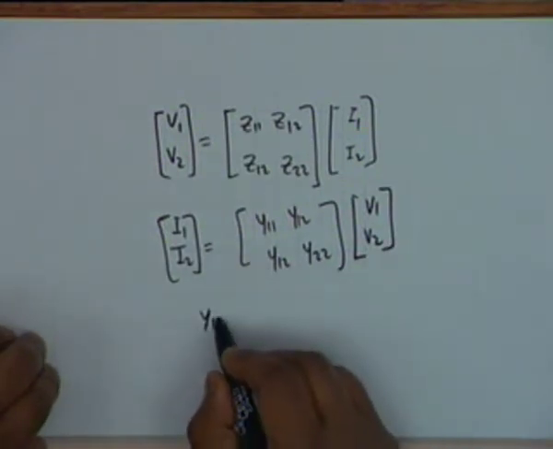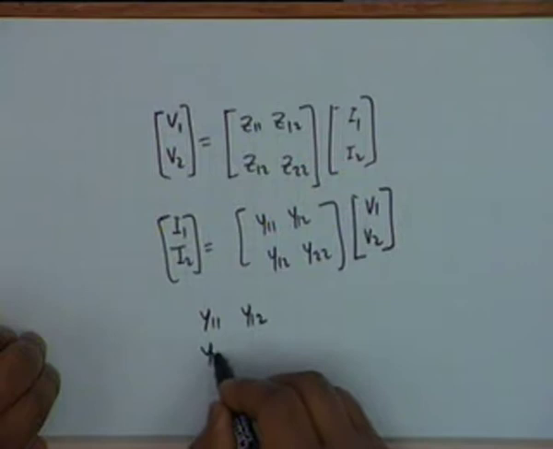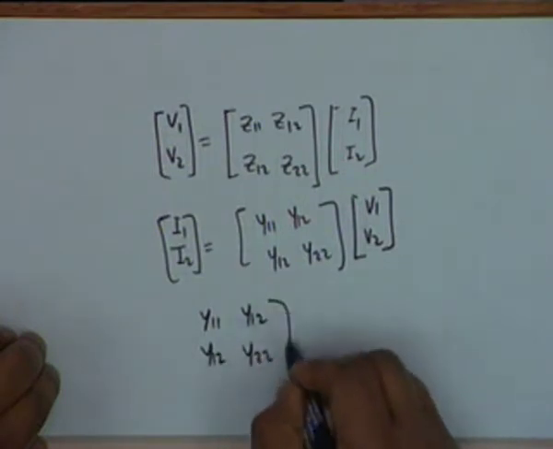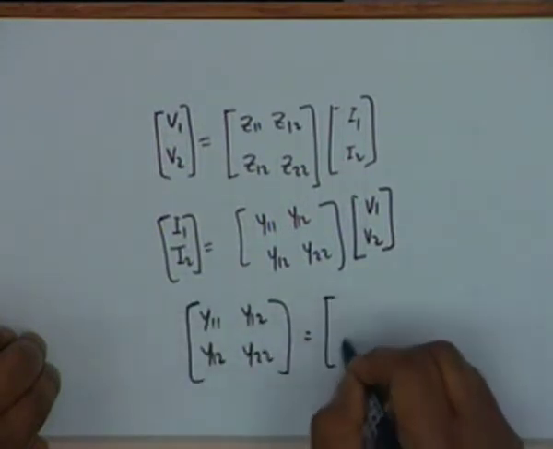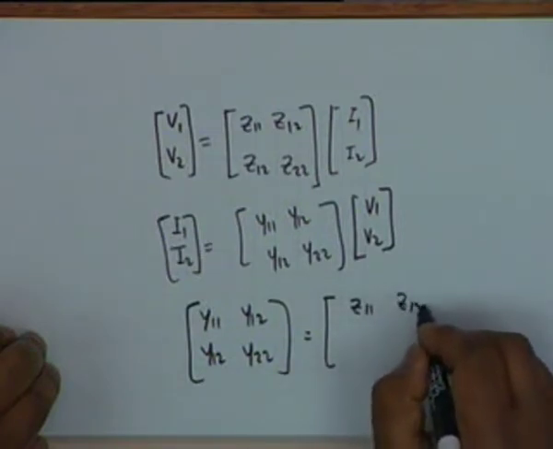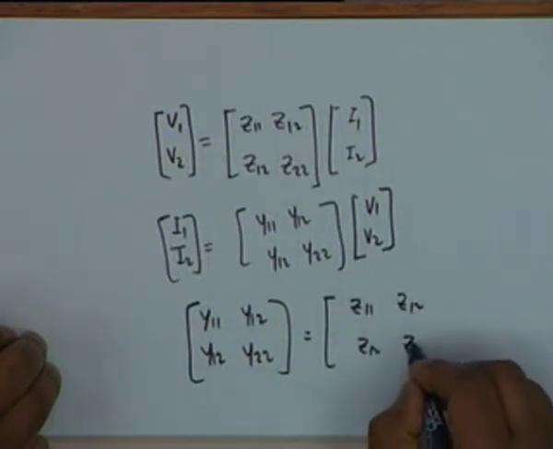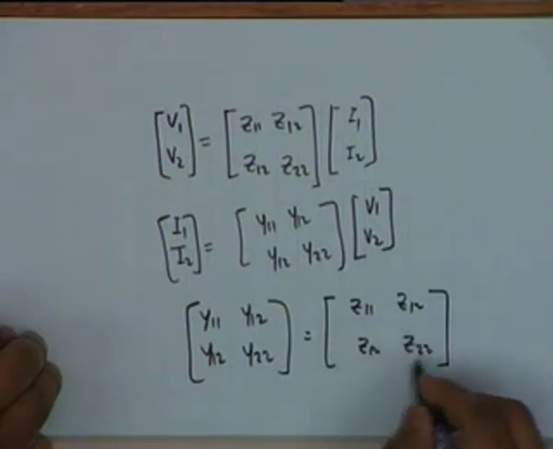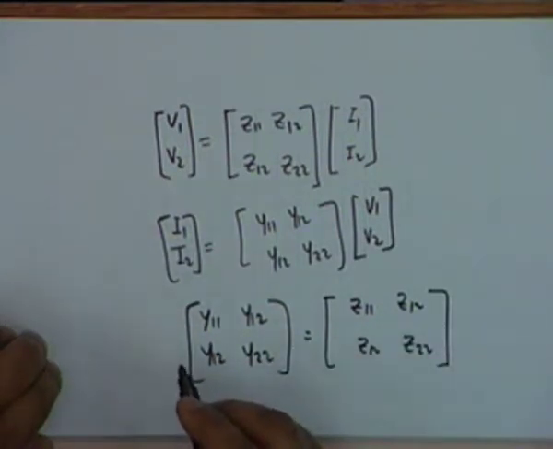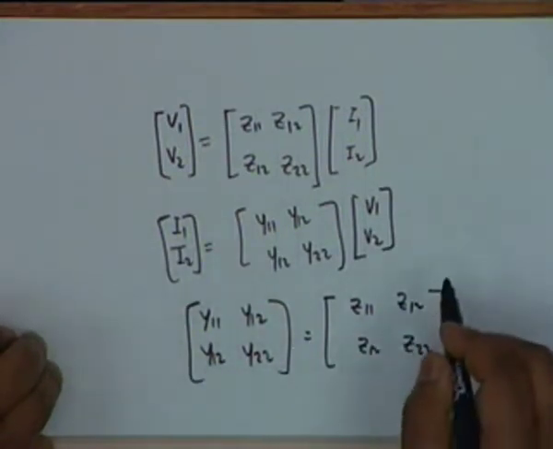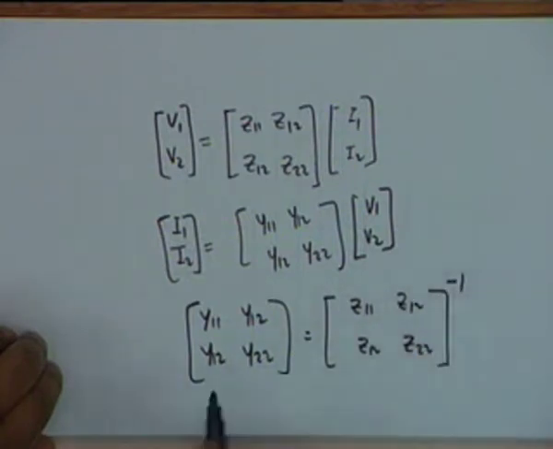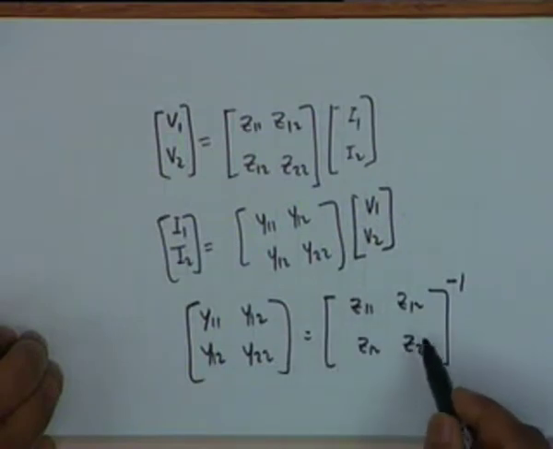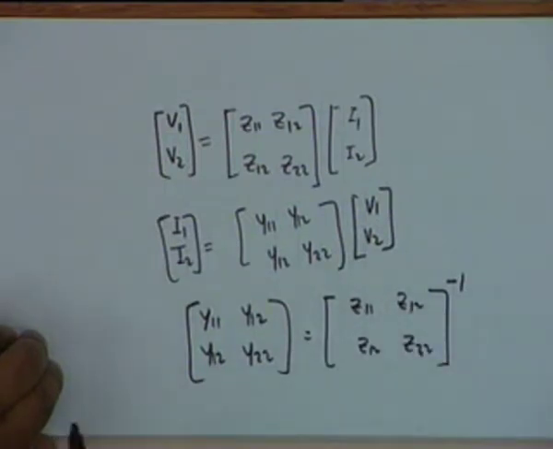For example, the Y matrix is simply the inverse of the Z matrix, provided the determinant of this matrix is not 0. That means this matrix is not singular. Inversion can be carried out only when the determinant Z11 Z22 minus Z12 squared is not equal to 0.